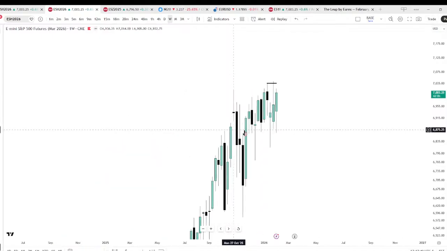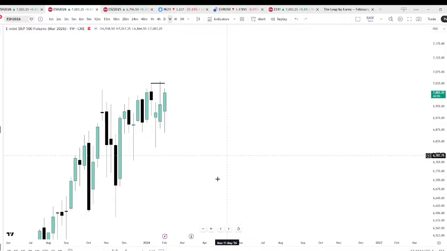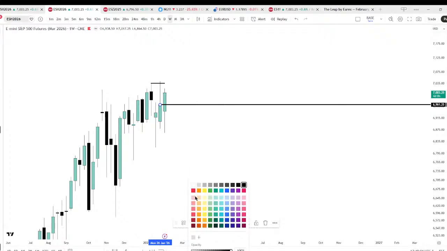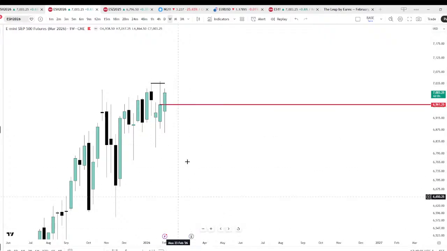And we're also going to make mention of this current weekly opening gap, which I will mark in red.